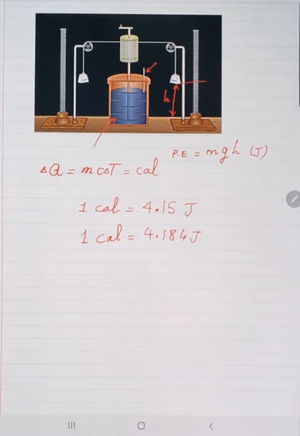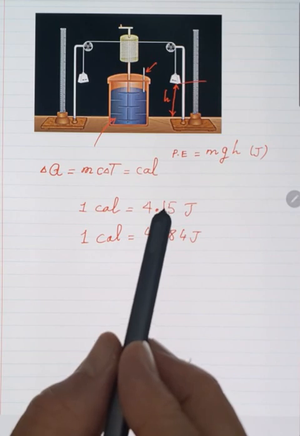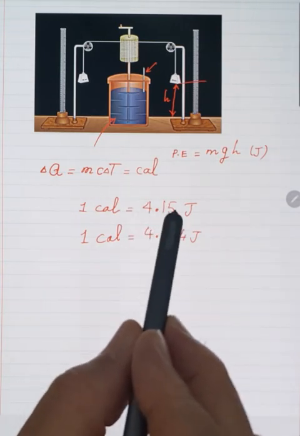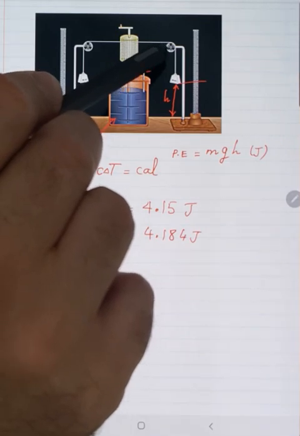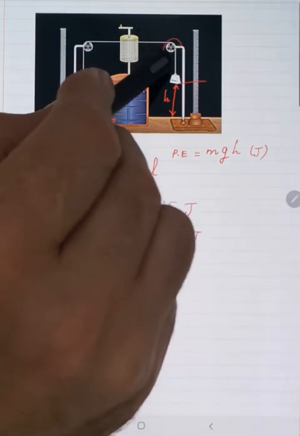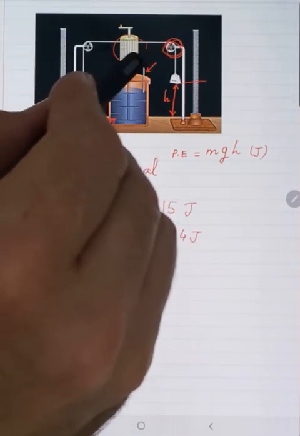And of course, there is a reason for this limitation, because we are losing a lot of energy to friction. Here there is friction, and also here there is friction.